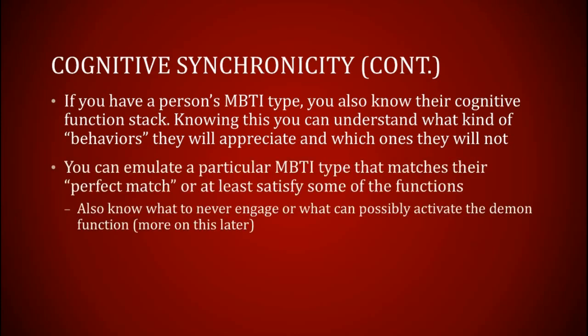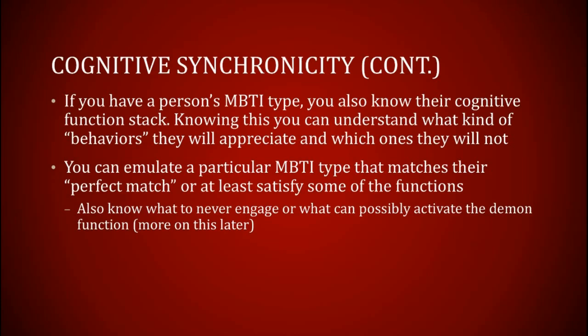So basically the goal of all of this is to emulate a particular MBTI type that matches their perfect match. A perfect match basically is where everything lines up across the line there. For example, in INTP, somebody has TE hero. For our NE parent, somebody has NI parent. Our SI child, somebody has SE child.